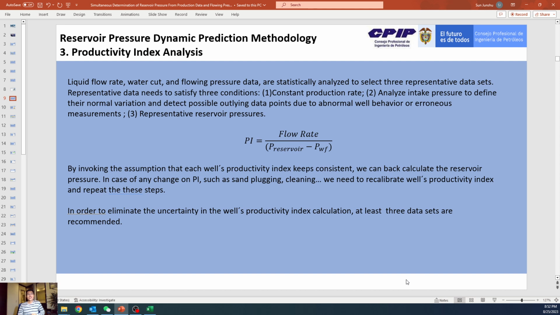In case of any change on productivity index, such as sand plugging or cleaning, we need to recalibrate the well's productivity index and repeat these steps. In order to eliminate the uncertainty in the well's productivity index calculation, at least 3 data sets are recommended.